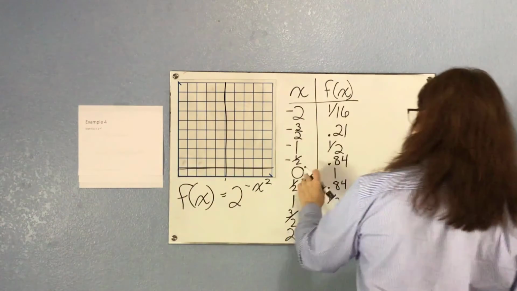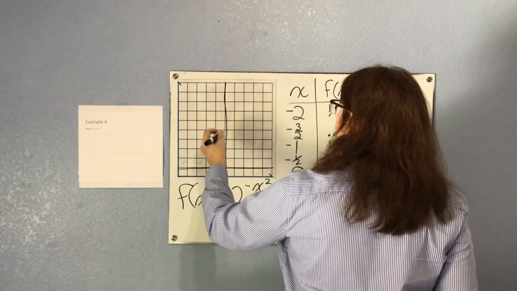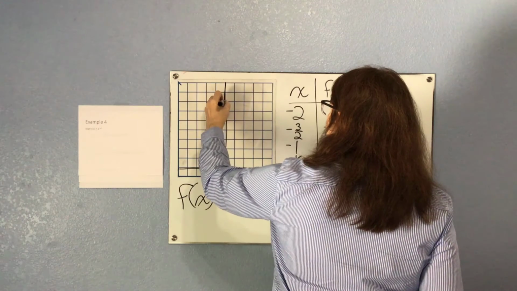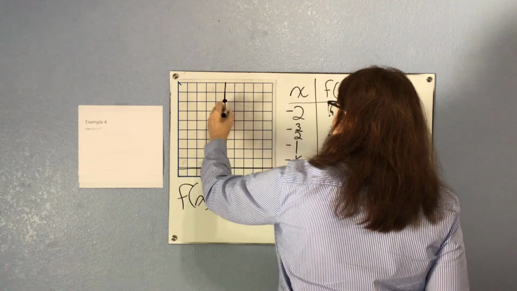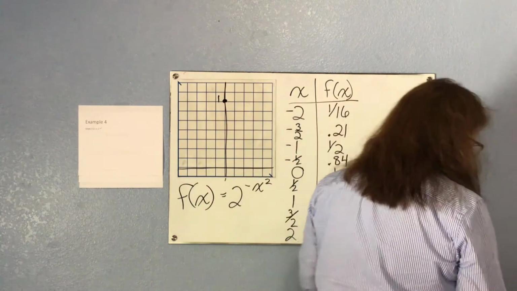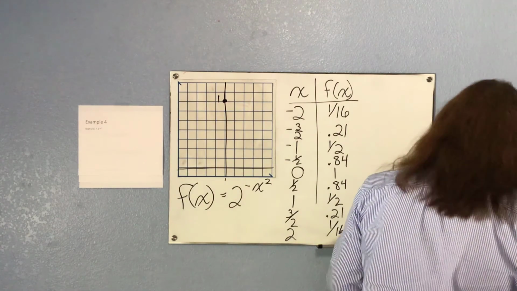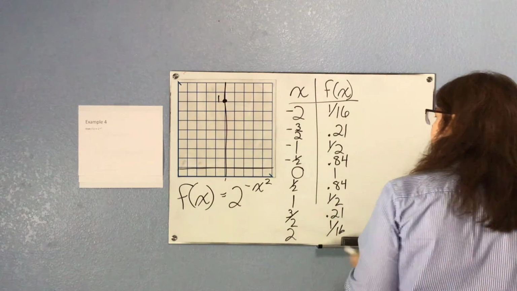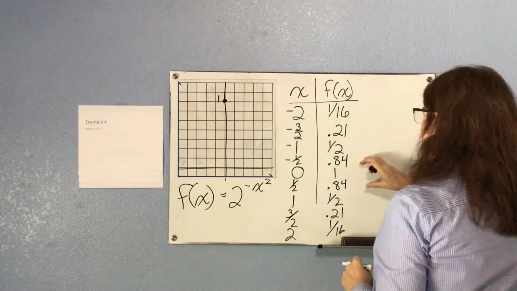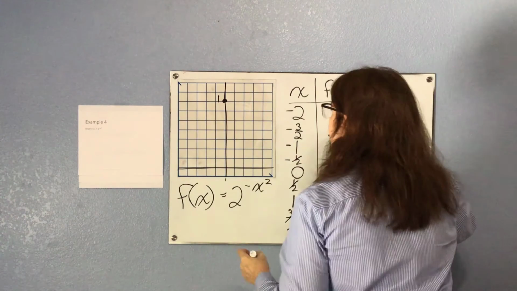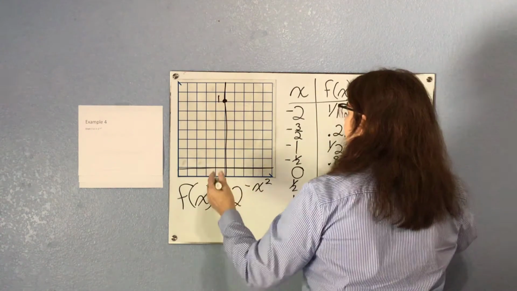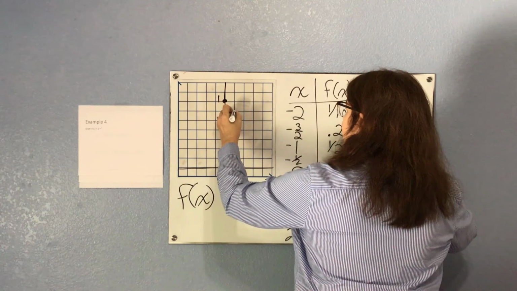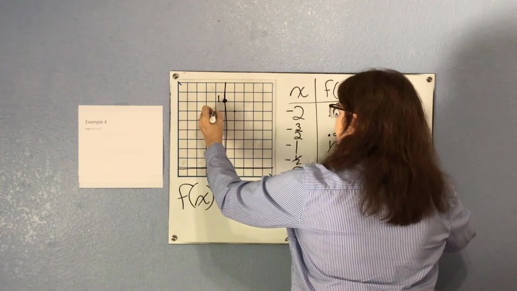So I'm going to start my graph where x equals 0, and we'll just call this 1, positive 1. And then as I go out from positive 1, I can see that there's some symmetry. So 0.84 on either side might be about there.